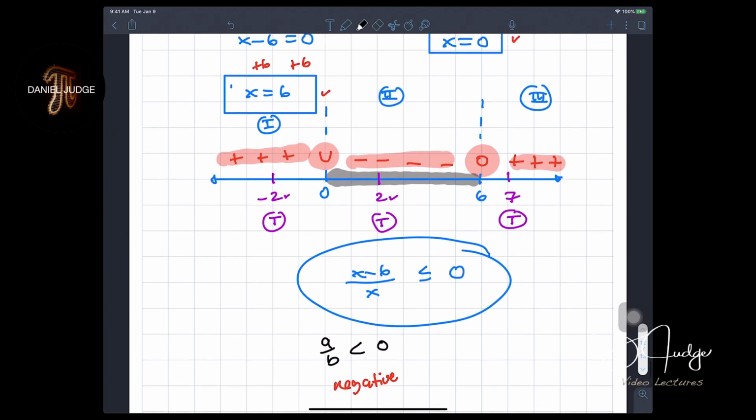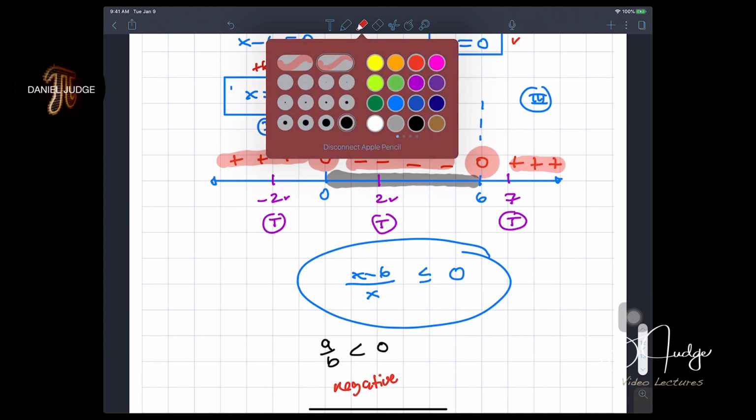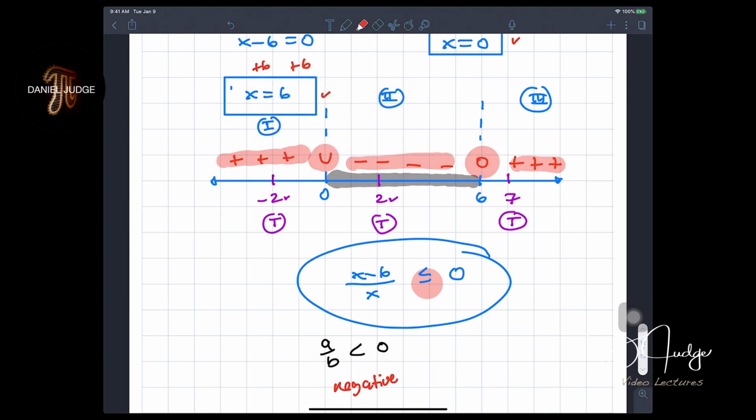Now, the only thing that's left to deal with is this equal to 0 down here. Equal to 0 happens only when x is 6. This is why you looked at and labeled that as a 0. Don't use undefined.